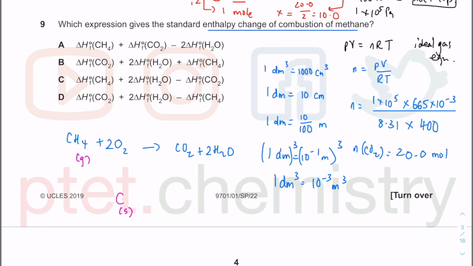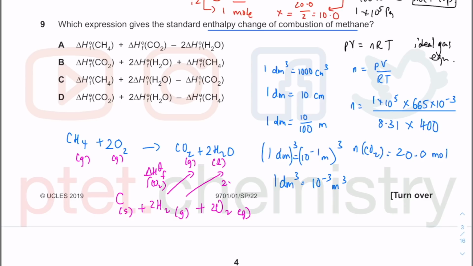So this is gas, and liquid at room temperature and pressure, under standard conditions. So these are the state symbols. And then hydrogen, 2 of that, hydrogen gas as an element. And then O2 there, 2 of that. So here, going upward, this is the formation of CO2.